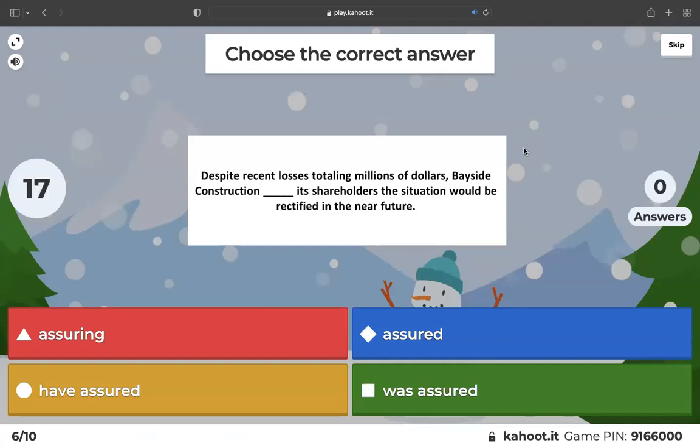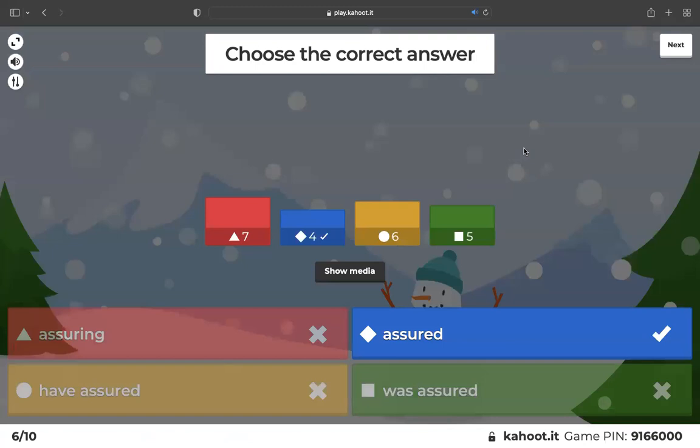Okay, question number 6. Despite recent losses totaling millions of dollars, Bayside Construction is assuring shareholders that the situation would be rectified in the near future. Answer the question quickly. Okay, in 3, 2, 1.